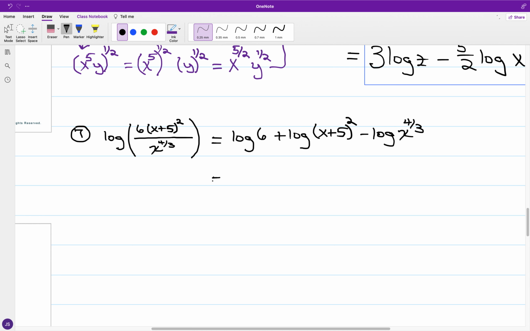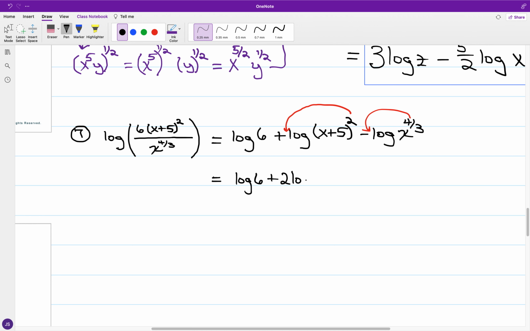And just looking at what we have in the follow through, now 6 is not a multiple or an integer power of 10, and just leaving the expression in exact terms, the base 10 log of 6 is going to stay. And for the second term, 2 is going to become a coefficient.